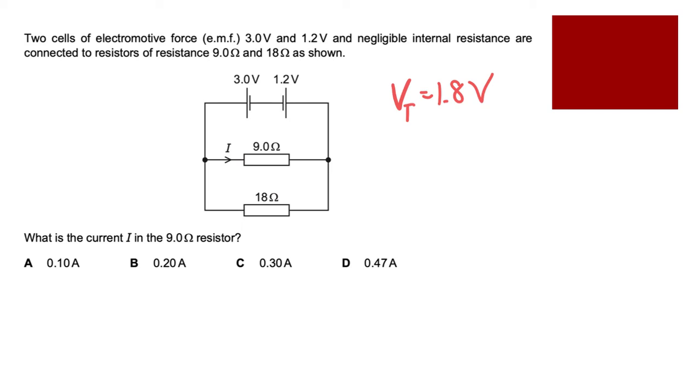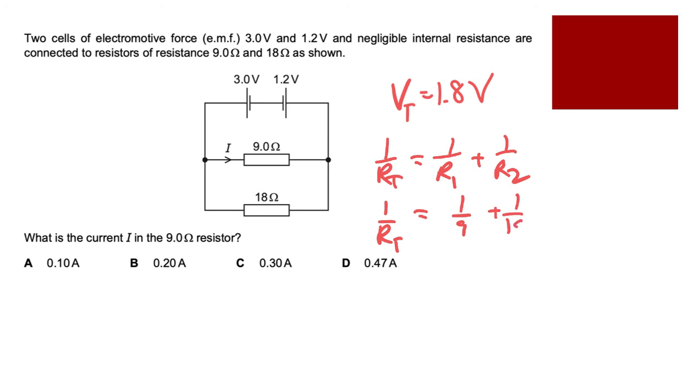Now the resistors are in parallel, so we have to calculate the total resistance. Since they are in parallel, I need to use this formula, and it has to be easy if I'm going to do this without a calculator. That's 1 over 9 plus 1 over 18, which should be straightforward.